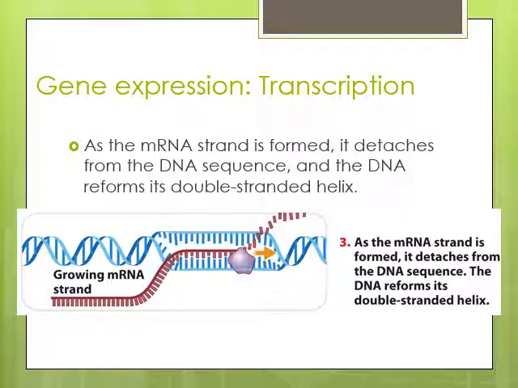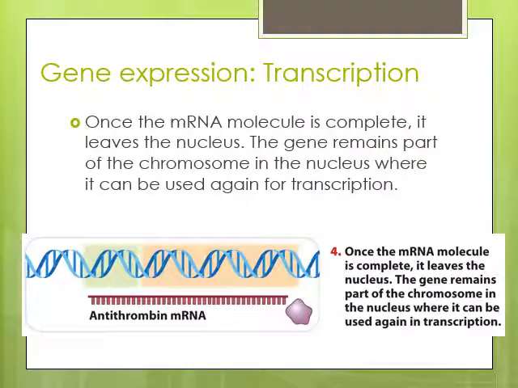So as this mRNA strand is formed, it's going to detach from the DNA sequence, and the DNA is just going to reform its double-stranded helix. So it's basically not harmed in any way, right? So the DNA is separating, the RNA polymerase is adding new nucleotides to make its own mRNA strand, and then the DNA is just going to go right back to normal so that it can be used again, okay?